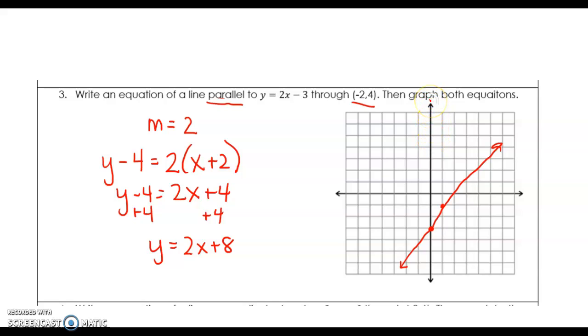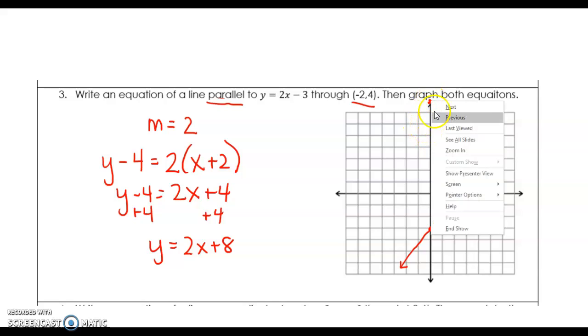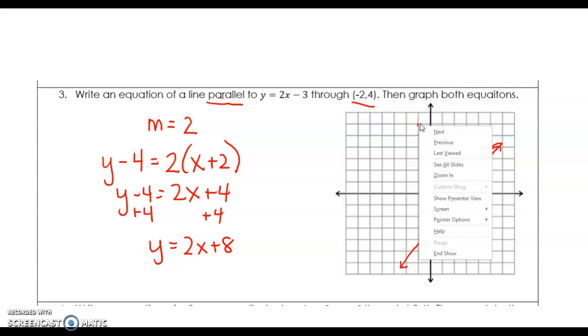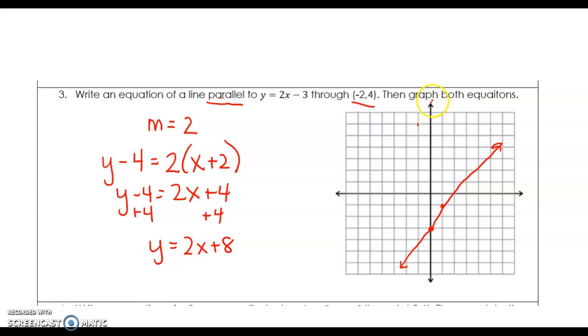Oh, it'll be up here. And instead of going up 2, I'm going to go down 2 and over 1. And it will look like that. So, minus the poor graphing and the poor line drawing, you can see that they are actually parallel to each other.